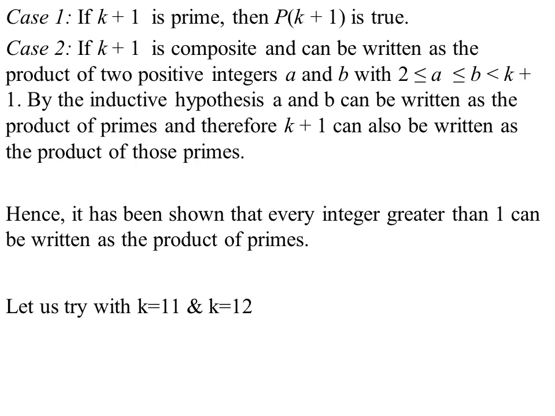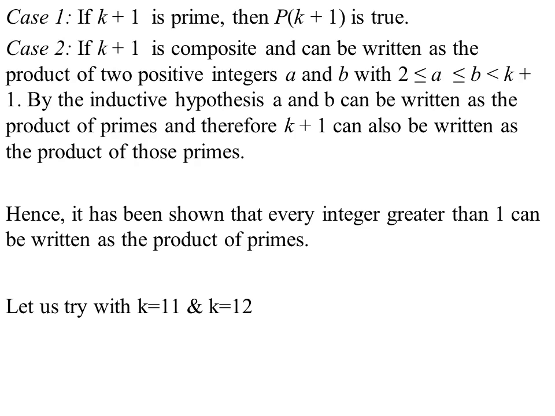Since 2 is a prime number, P of 2 is true. P of 6 is also true because it can be expressed as a product of two prime numbers, that is 2 into 3 equals 6. Hence, 12 can be expressed as 2 into 2 into 3.